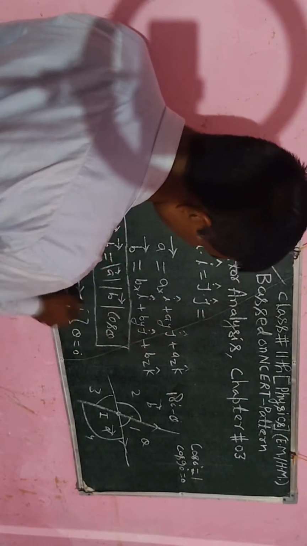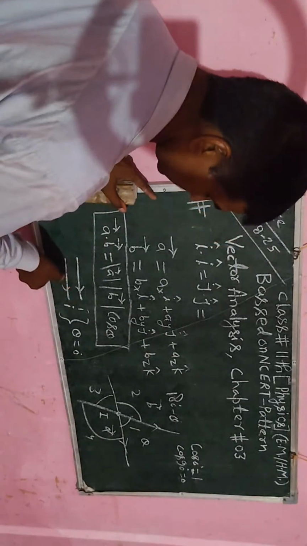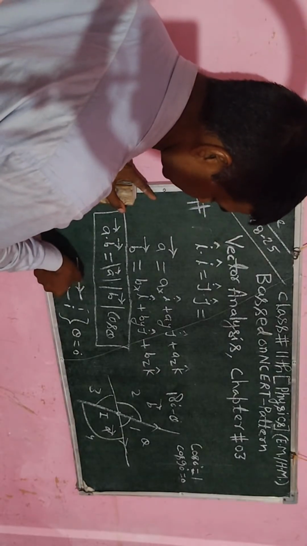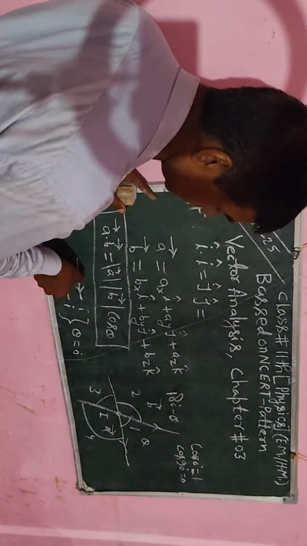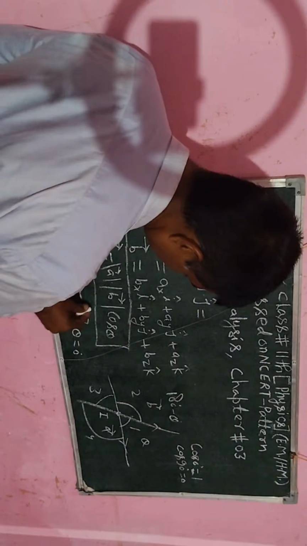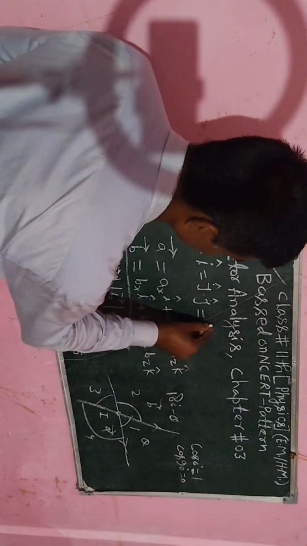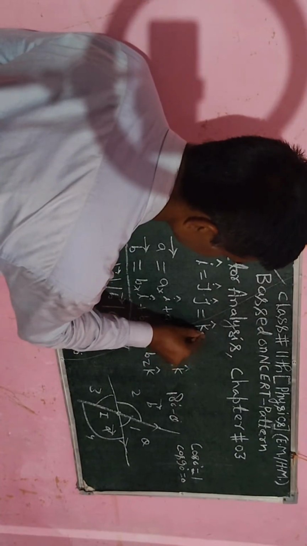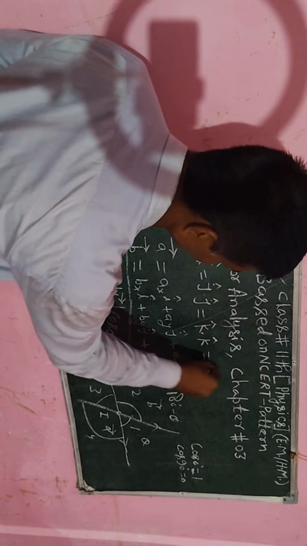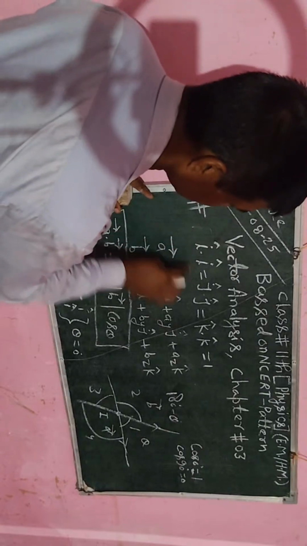Because both vectors are parallel to each other, this vector i can be put on the vector above, so the angle between these two vectors will be 0. Similarly, vector k cap into vector k cap, its value will be 1.